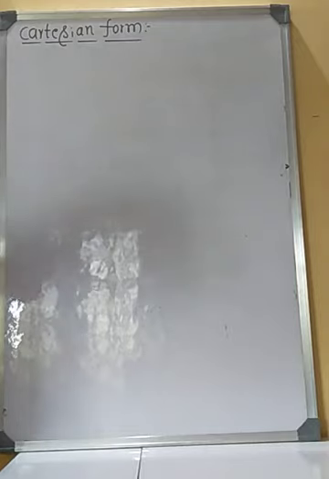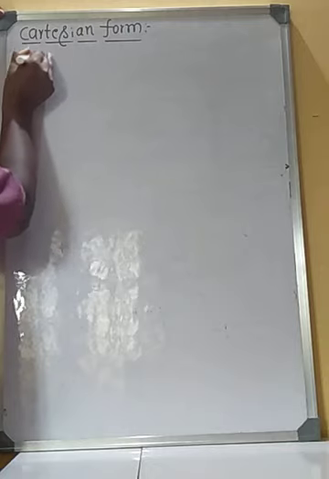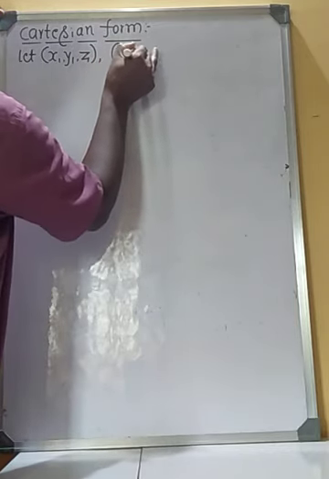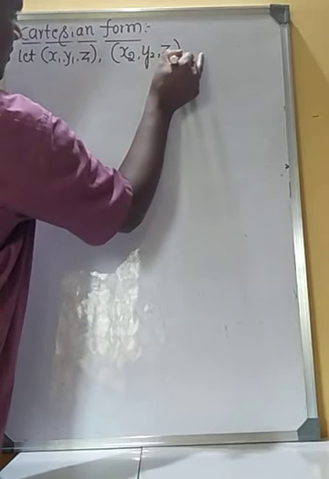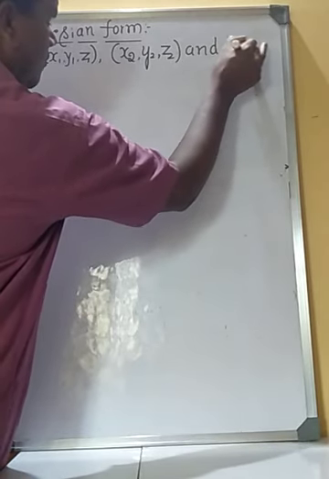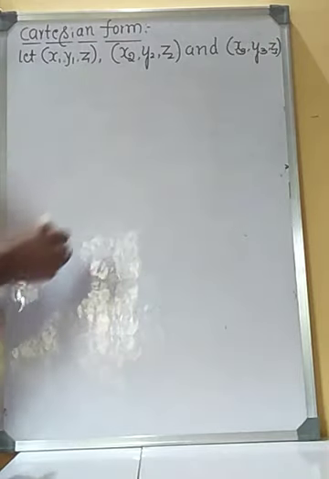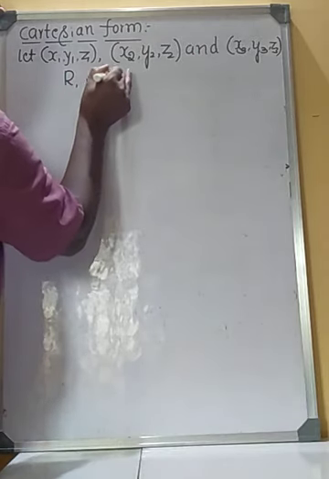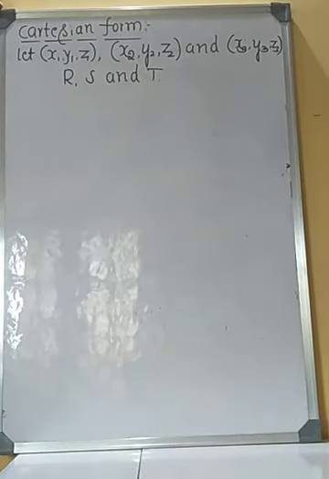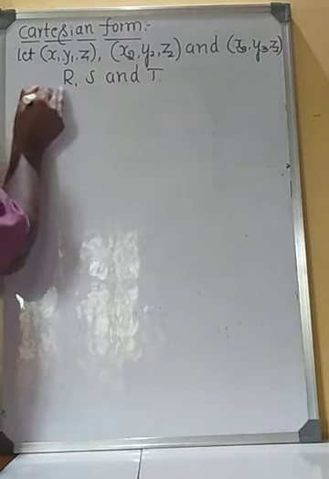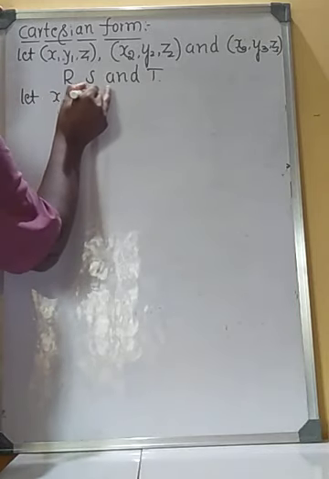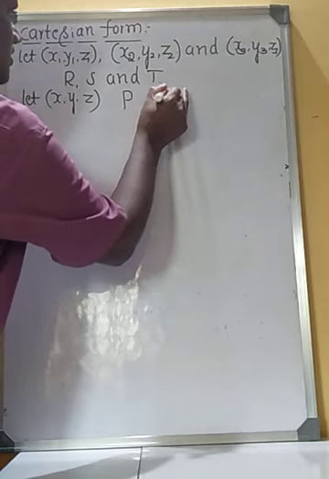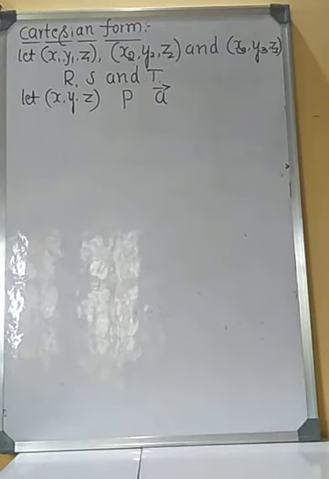So let x1, y1, z1, x2, y2, z2 and x3, y3, z3 be the coordinates of the points R, S and T respectively, and let x, y, z be the coordinates of the point P with position vector r on the plane.